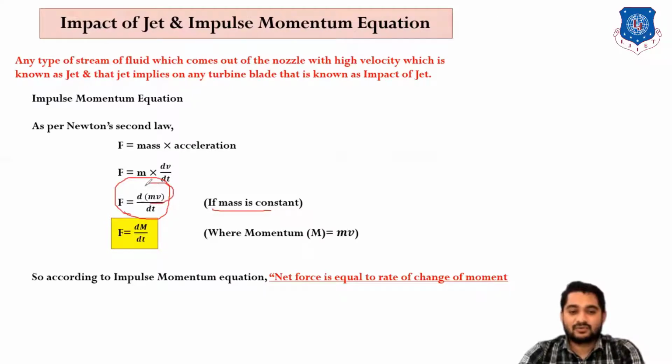Mass into velocity is known as momentum, capital M. So that means force F is equal to dM by dt. That is called the impulse momentum equation. According to it, net force F is equal to rate of change of momentum.